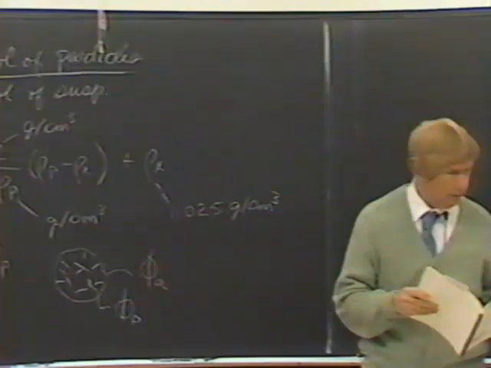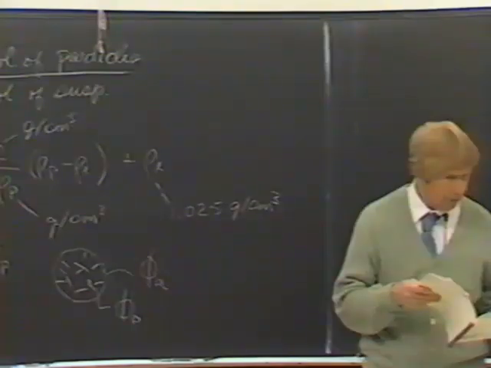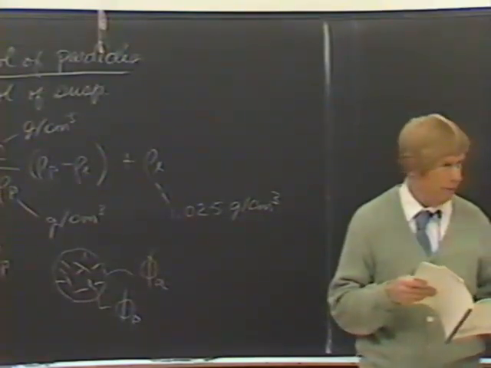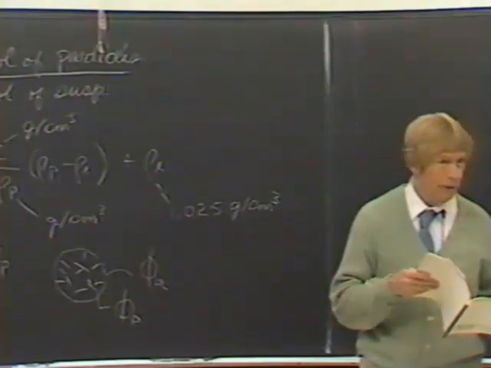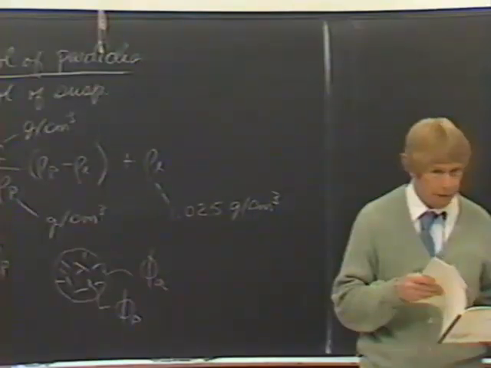And the reason that we have dense aggregates under these circumstances, it could be that they just weren't broken up when they were put in the viscometer. But actually, it's because only the dense ones could survive in the high velocity gradients that exist there.